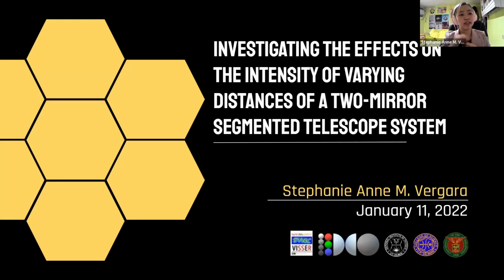Okay. So by using additional mirrors, the amount of light gathered is multiplied.